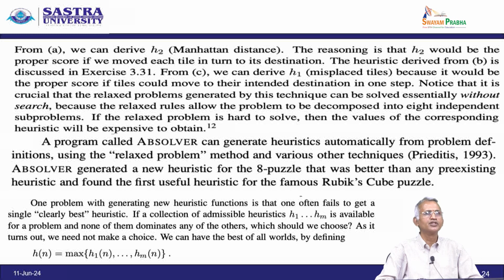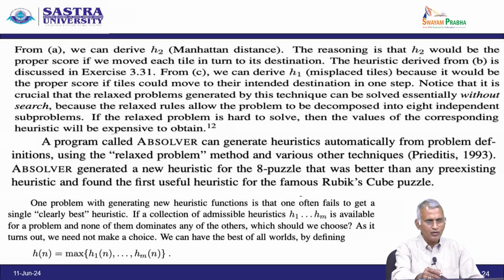Notice that it is crucial that the relaxed problem generated by this technique can be solved essentially without search, because the relaxed rules allow the problem to be decomposed into 8 independent subproblems. If the relaxed problem is hard to solve, then the values of the corresponding heuristic will be expensive to obtain.